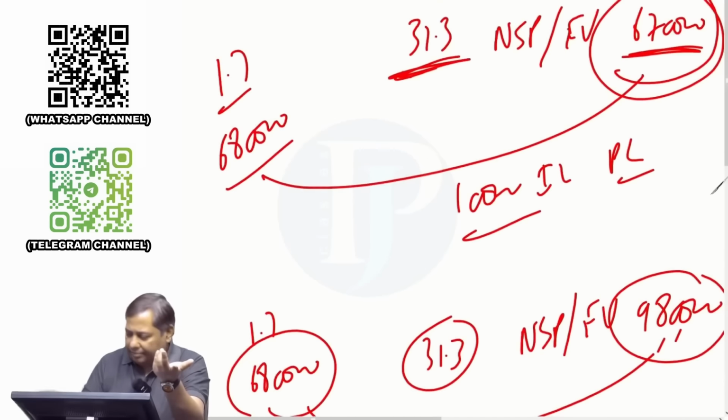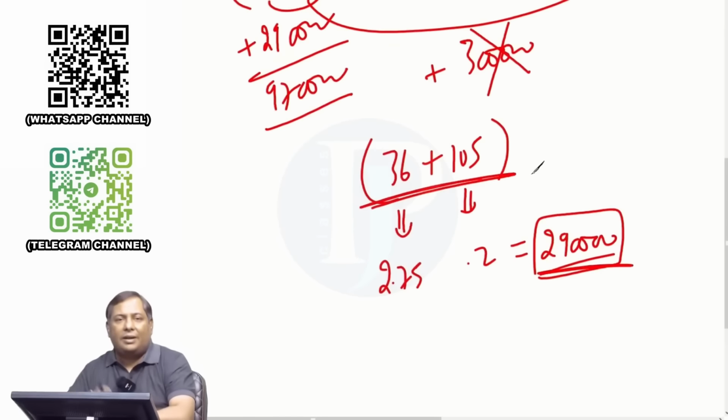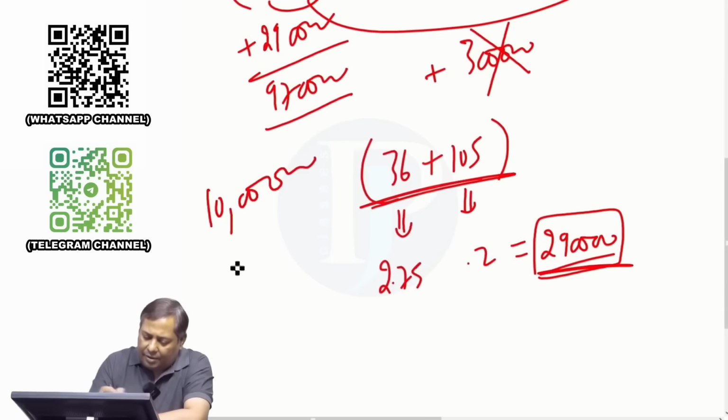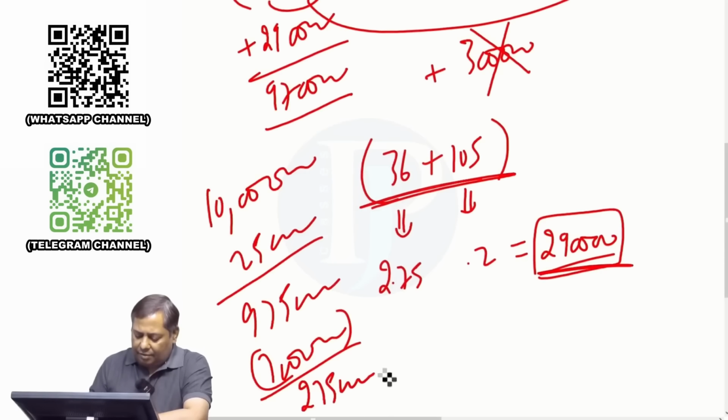You should check the value. I have told you the reasons to take 36 and 105. We started with 10 lakhs, subtracted 25, it came to 975, then increased it to 7 lakhs. So it was 275 plus 20,680, which is equal to 2,95,000.